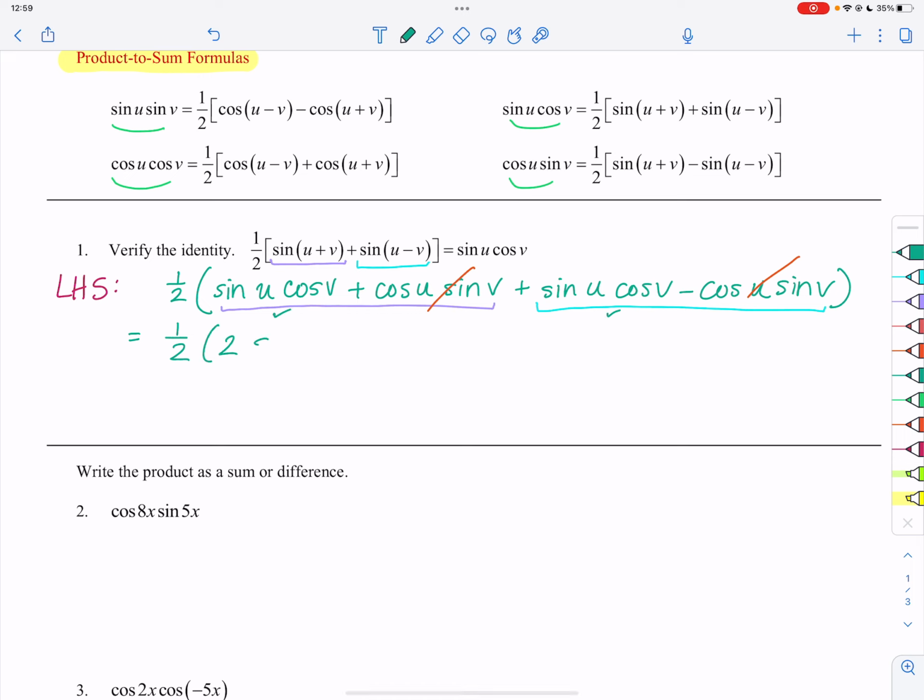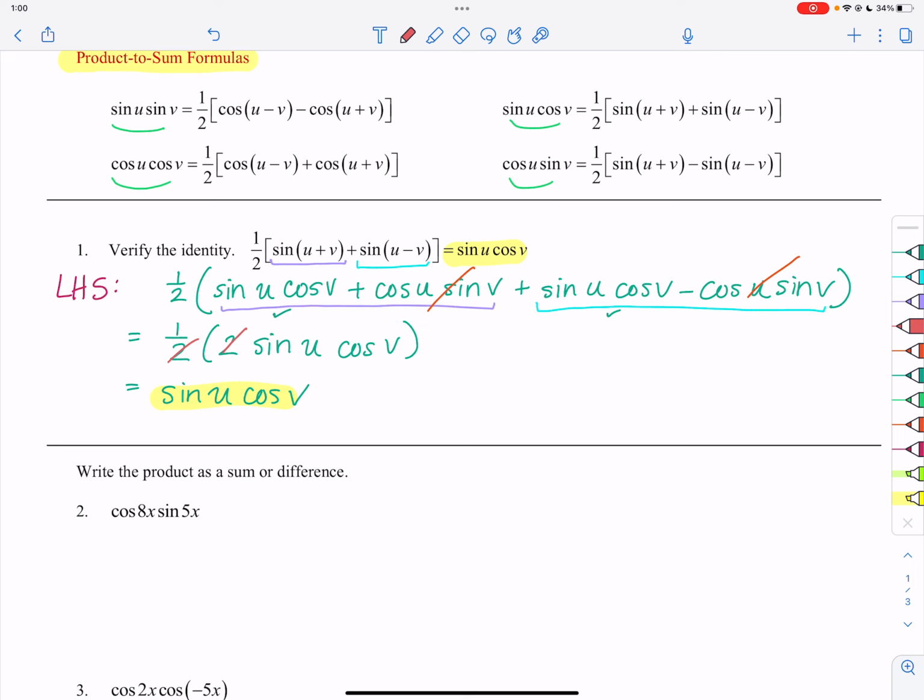So that's 2 sine of u cosine of v, and that's just equal to the sine of u multiplied by the cosine of v. And that's what we were trying to come up with. These two 2's cancel.